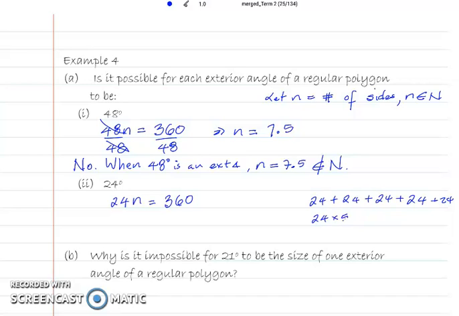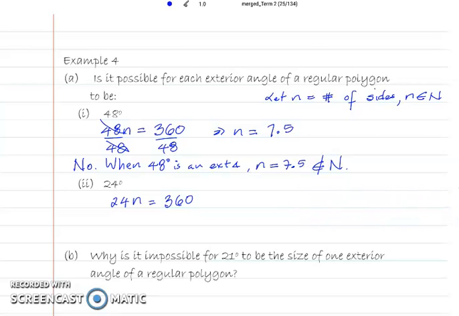So let us say there were 5 exterior angles and each of them is 24 degrees. I could find the sum by simply multiplying 24 by 5. Now, in like manner, there are not 5 sides, there are a total of n sides.